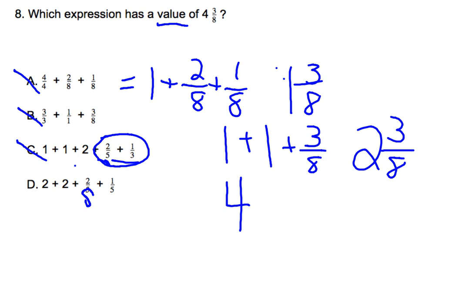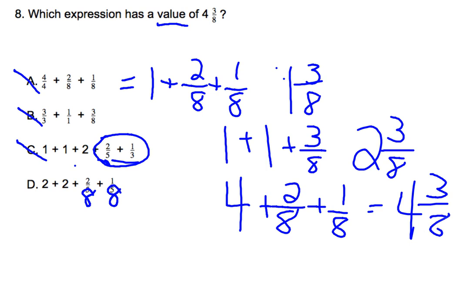Boys and girls, that's a typo. So those should be 8s. On your paper, I think they do say 8ths, but on mine it says 5ths. So let's just make sure. So 2 plus 2 is 4 plus 2/8 and 1/8 equals 4 and 3/8. So answer is D.